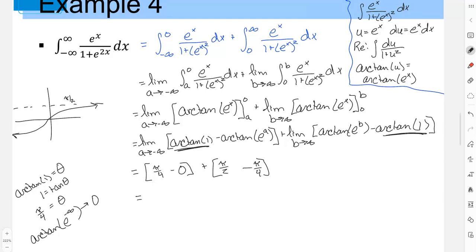Remember that pi over 2 was a horizontal asymptote for arctan, just like negative pi over 2 was. So we have pi over 4 plus pi over 2 minus pi over 4, which is pi over 4. And pi over 4 plus pi over 4 is pi over 2.